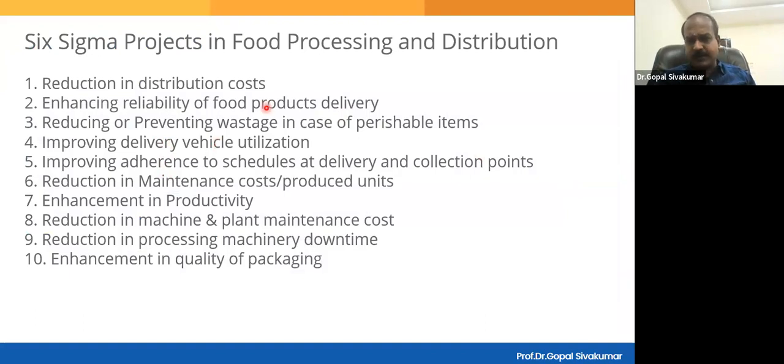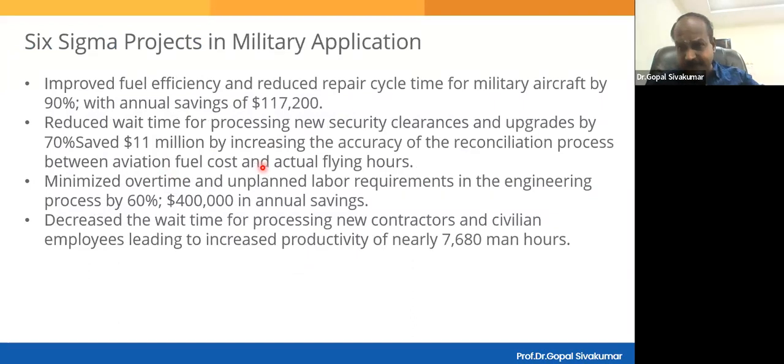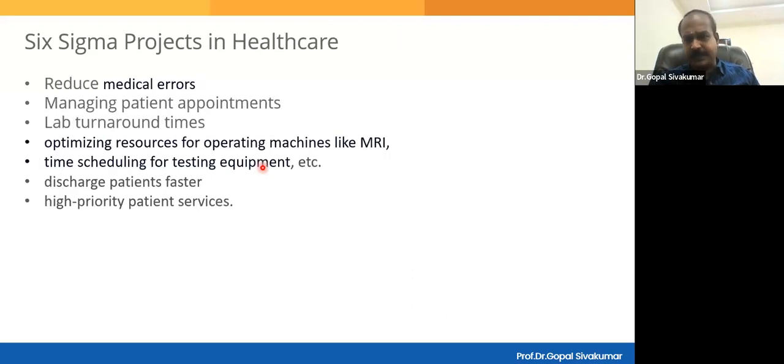You need to know what kind of issues are repeatedly happening. So projects in the food processing industry, you can read through, the slides are given to you already. Projects in military applications, right? And some projects in healthcare, medical error, because often people think how this can be applied in healthcare.